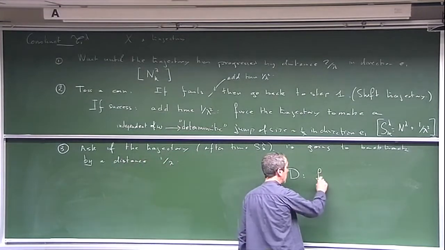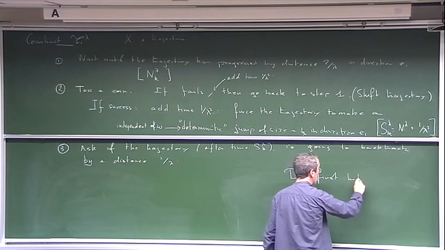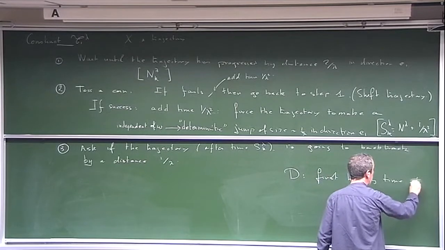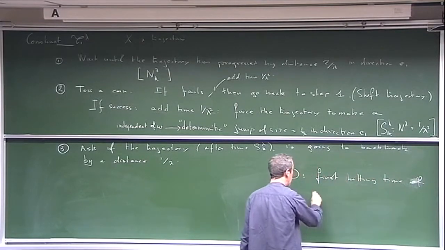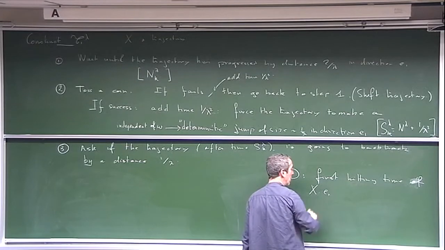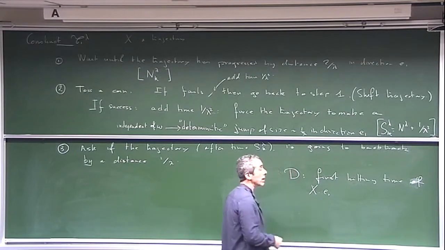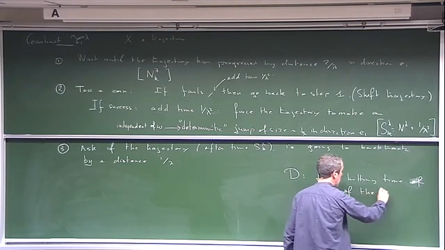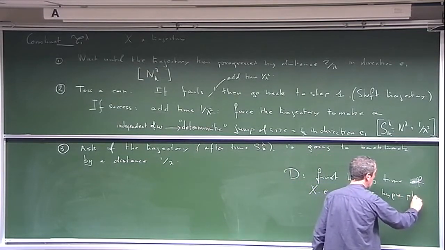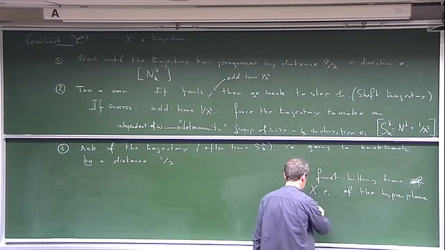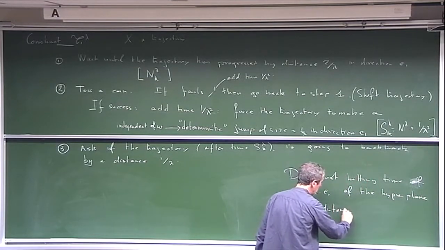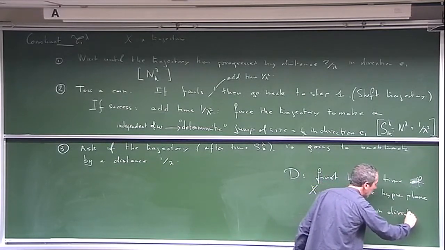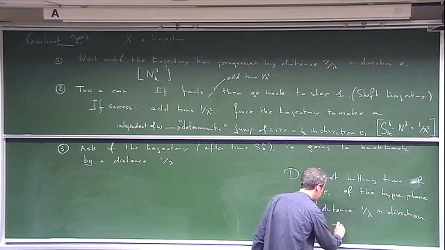So this is the first hitting time, and we only care about the direction E1, of the process x dot E1, of the hyperplane at distance 1 over lambda, but in direction minus E1.